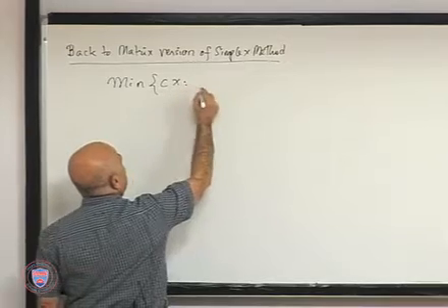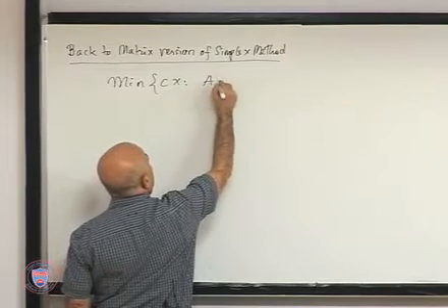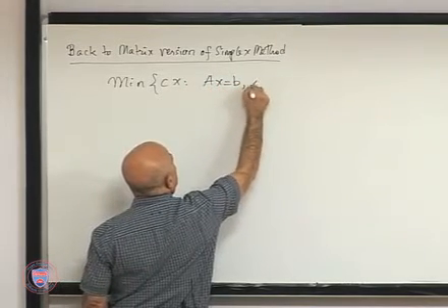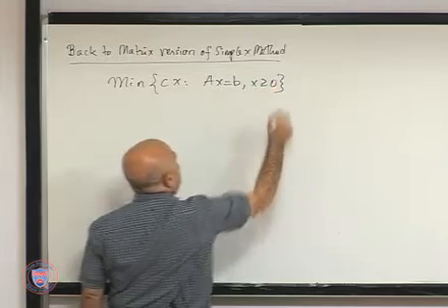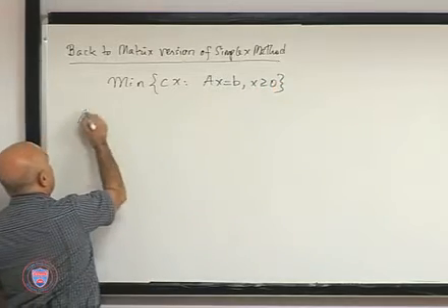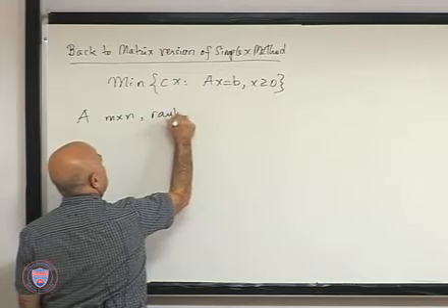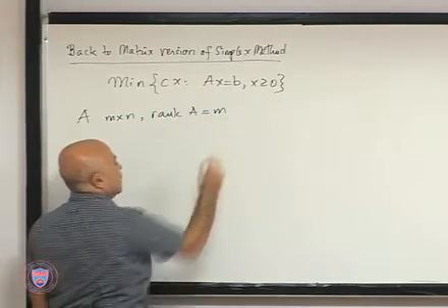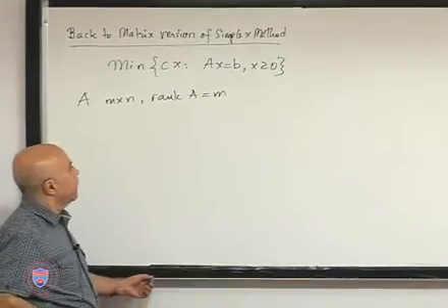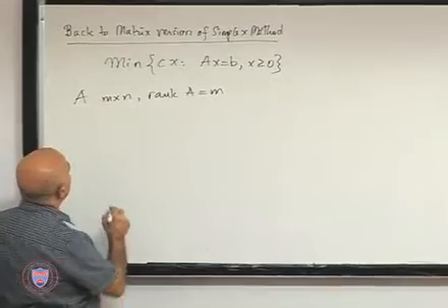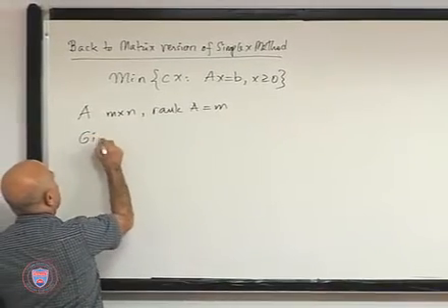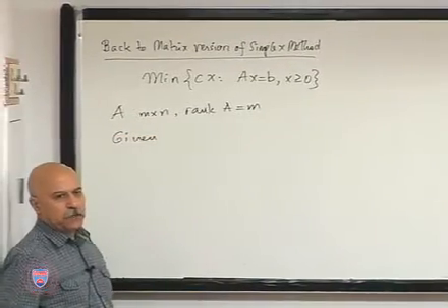Minimization of some objective function Cx subject to standard form constraints. And I'm assuming A is m by n, and rank of A is equal to m. And then we assumed we have a given basis B which is feasible.